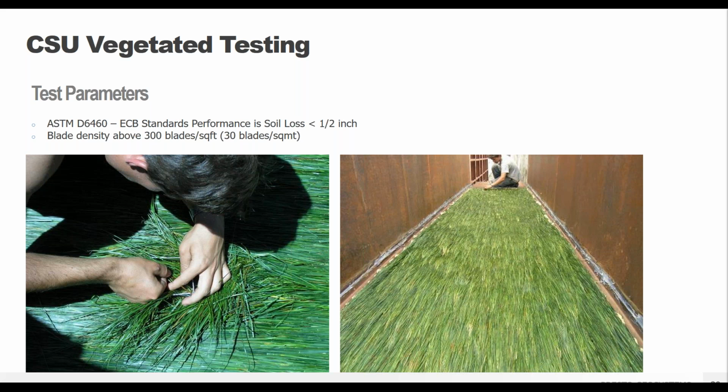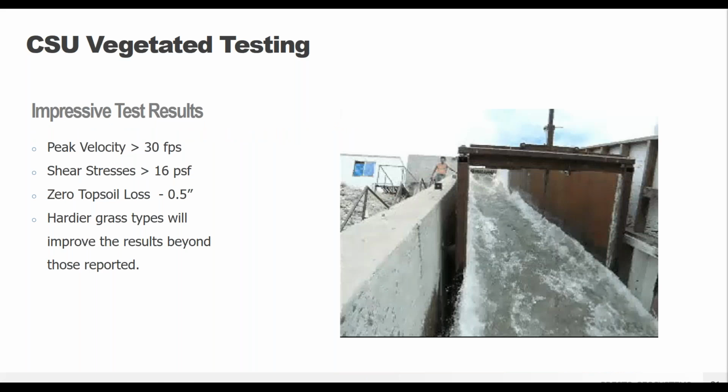The tests were done to see whether you would lose the grass blades, because obviously you don't want all your grass to get washed away and be a mud pit. And it was also done for how much, if any, soil was ripped out of the geocell. So two different parameters there.